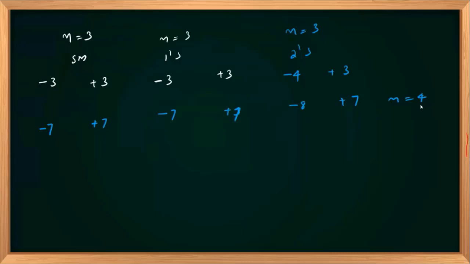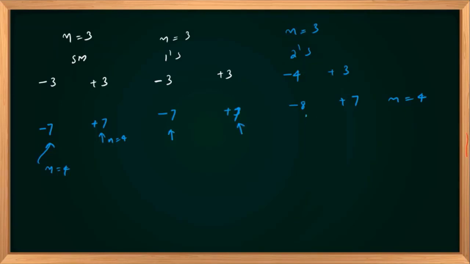Right? And please tell me what is the pattern corresponding to -3 in signed magnitude with n equal to 4. What is the pattern corresponding to +3 in signed magnitude with n equal to 4? And the pattern corresponding to -7 and +7 in the case of one's complement.